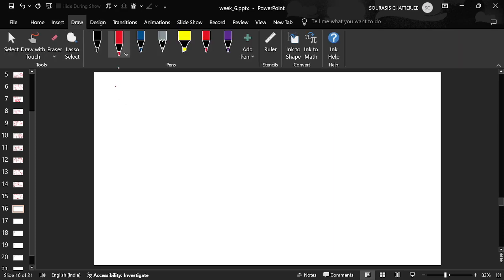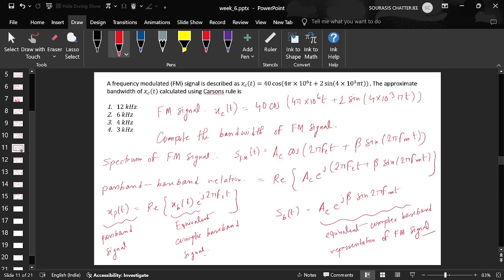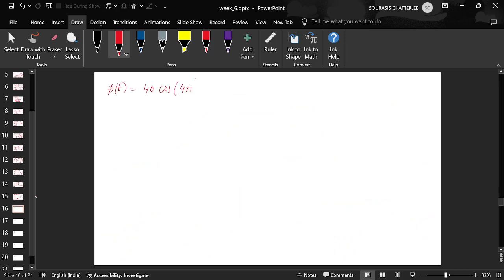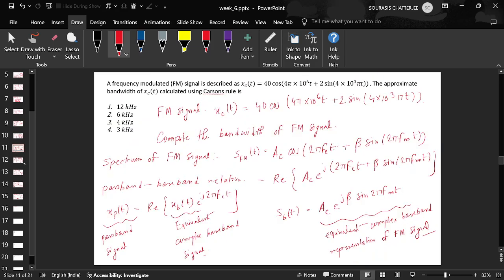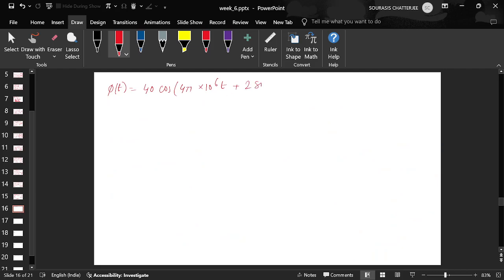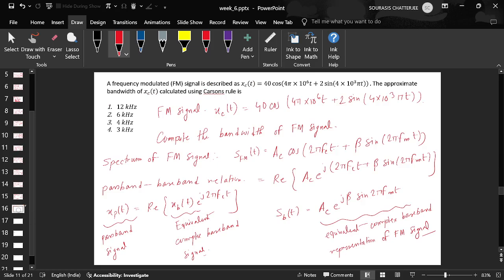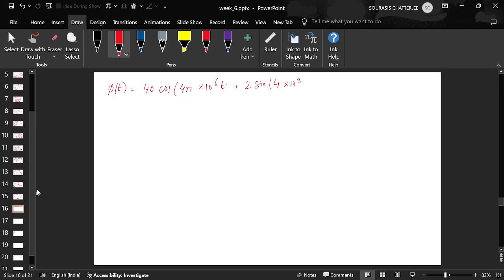So our signal, the frequency modulated signal, is given by 40 cos of 4 pi into 10 to the power 6 t plus 2 sine 4 into 10 to the power 3 pi t.